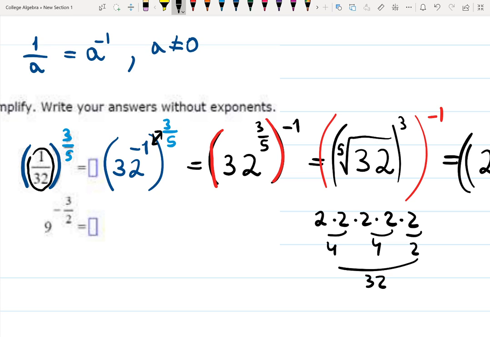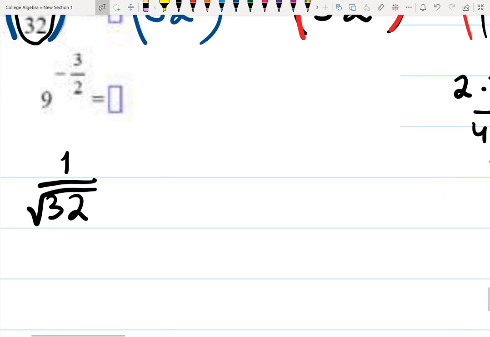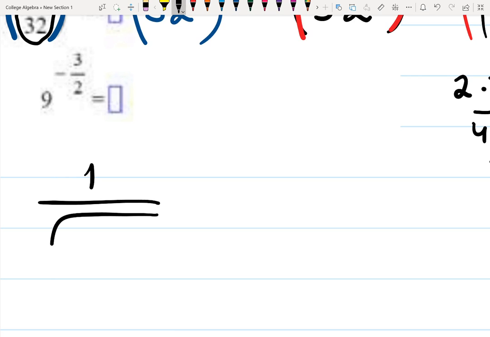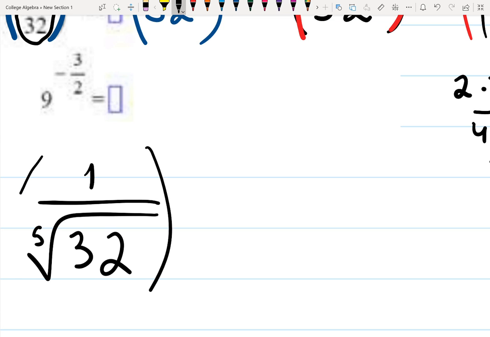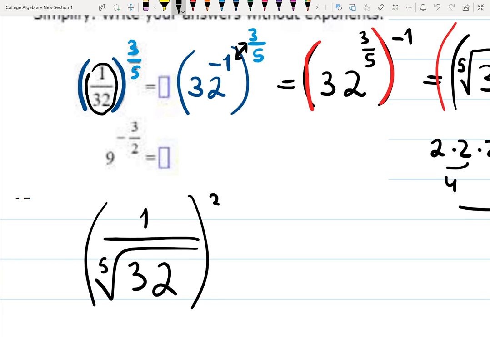So technically speaking, you could actually just calculate 1/32 raised to the 1/5, like this. Let me make it bigger. The 5th root of 32, and all raised to, what did we have? Cubed. That's the same thing.